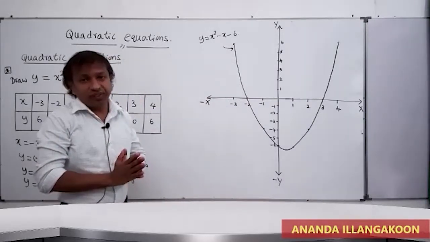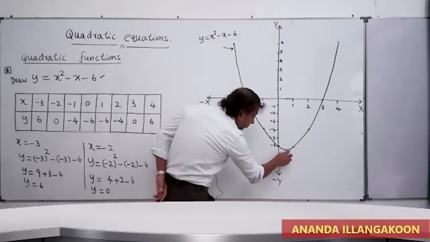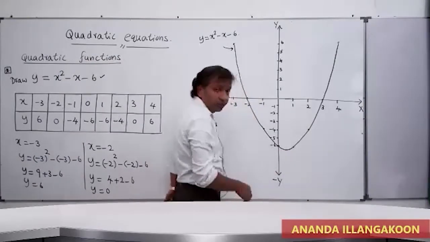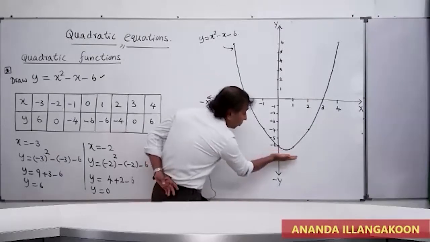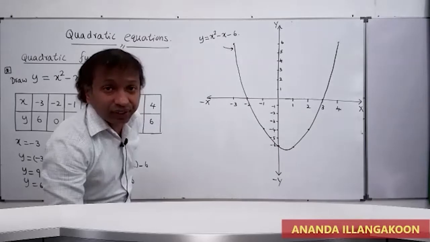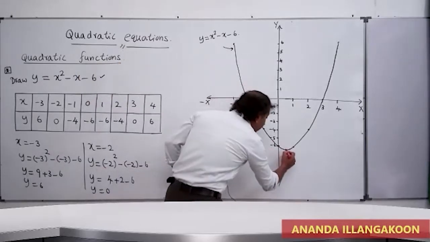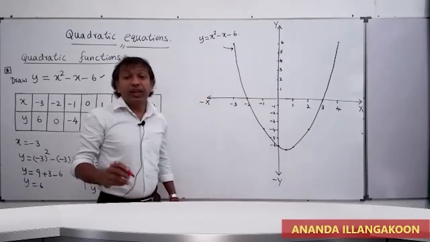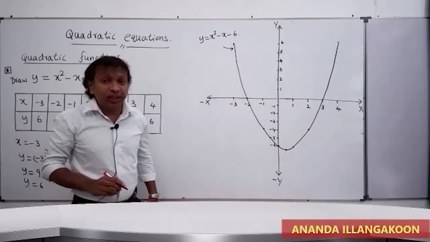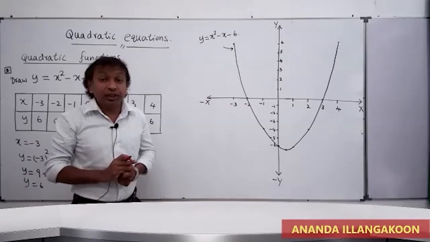But this graph has a bottom. The graph does not go below this point. The lowest point of the graph is called the vertex, or the turning point.